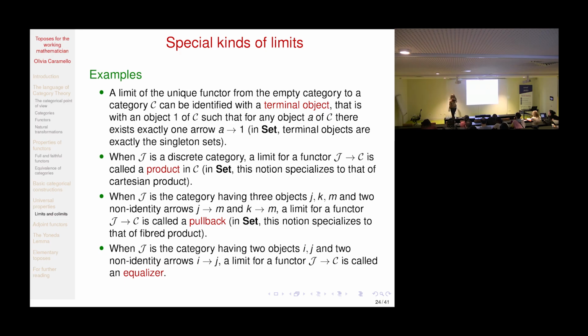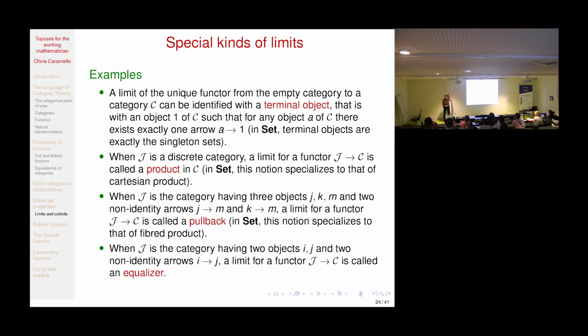Of course, you recognize that this is the right category to consider in order to think of a datum like this as a diagram in the category of a shape this. So this is the situation that we had considered last time.